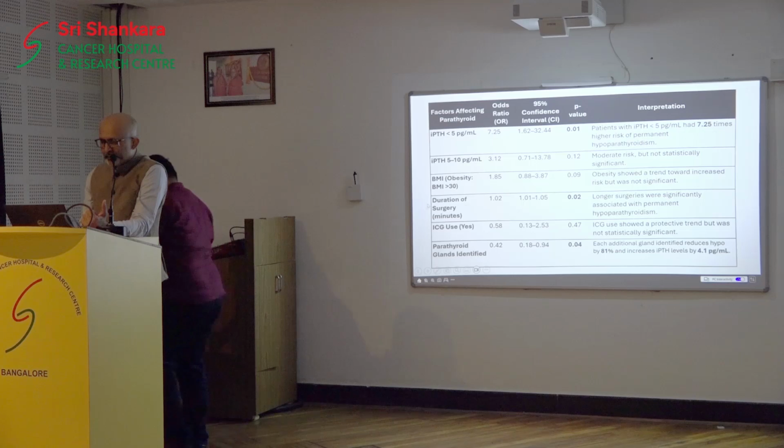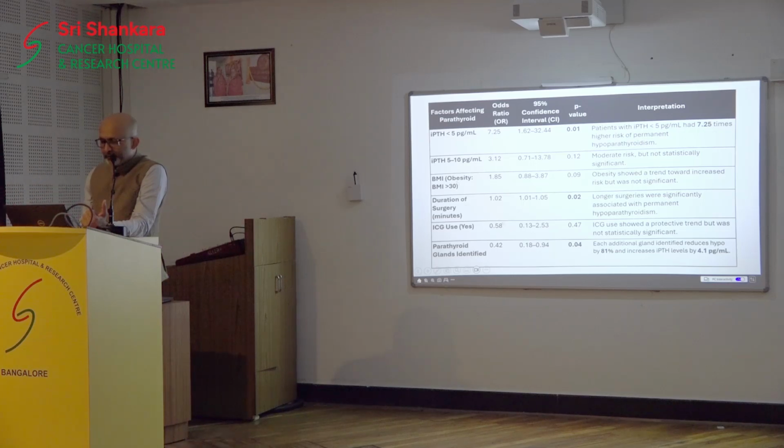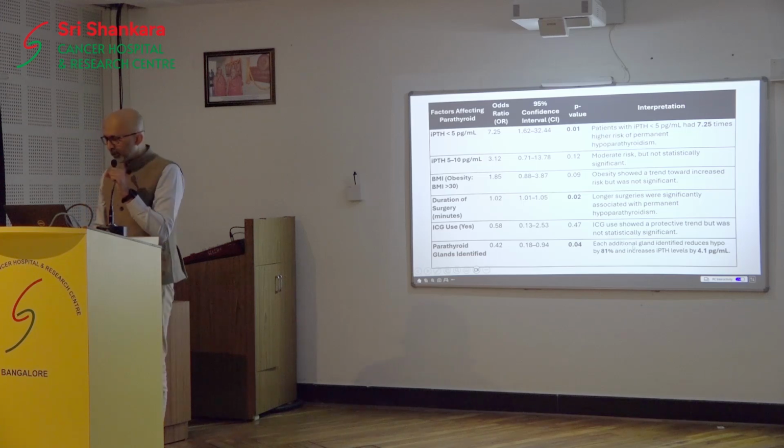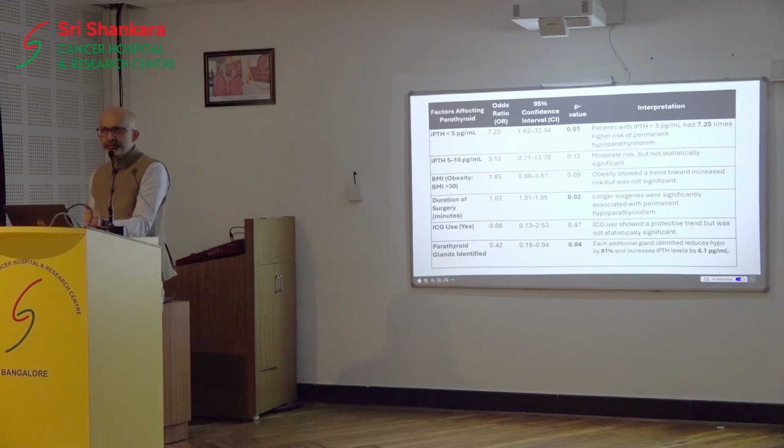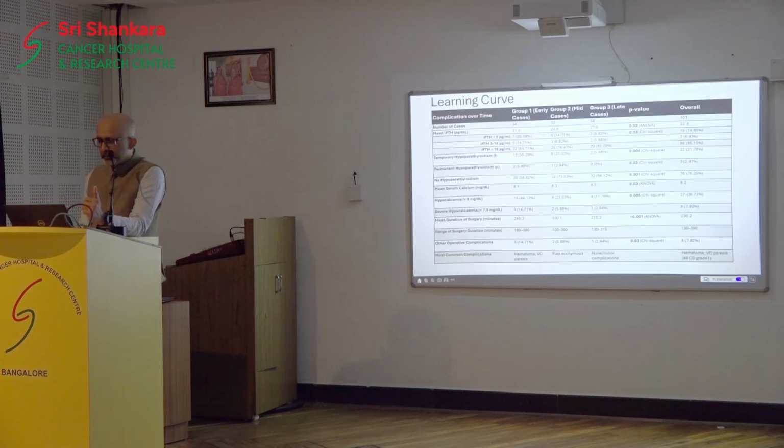But again, duration of surgery and intraoperative parathyroid gland identification are the 2 factors which really matter. Every additional parathyroid gland that you identify during your surgery, your rate of hypoparathyroidism goes down significantly. So this is a very important thing which we found.